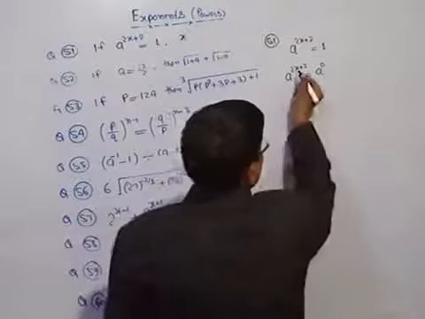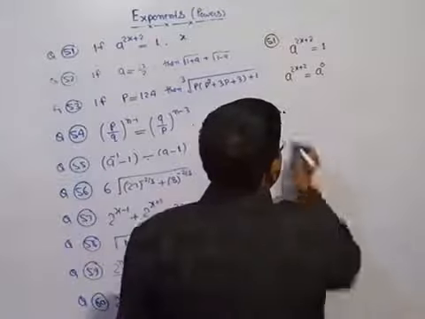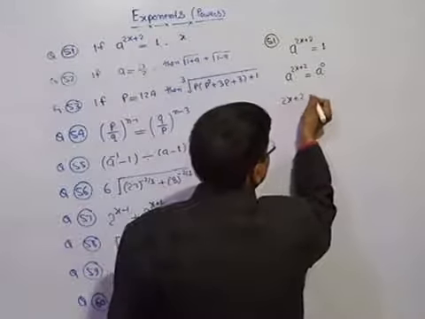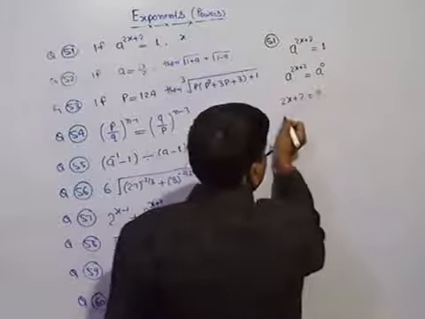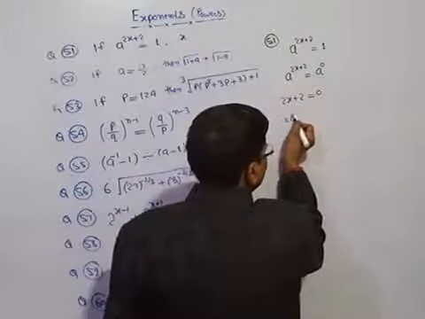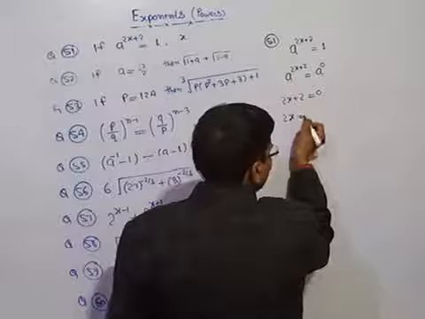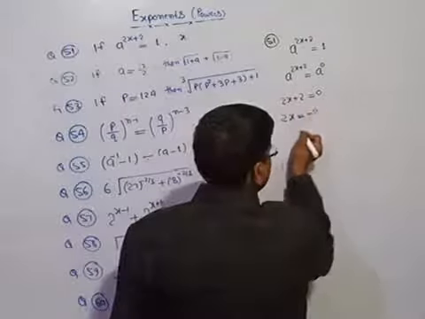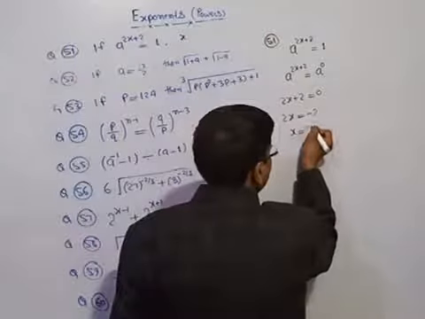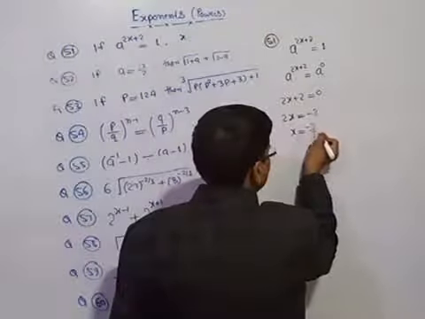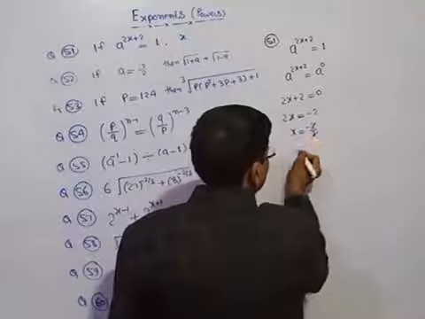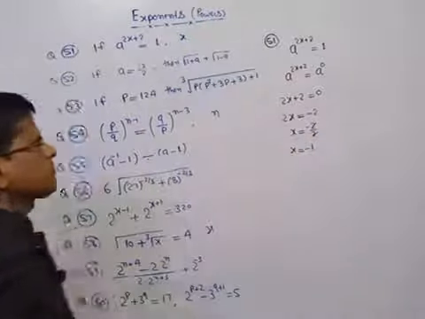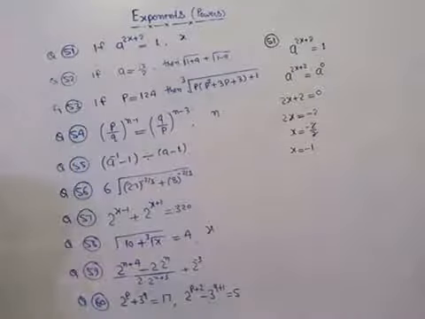Now compare the powers: 2x plus 2 equal 0. Transferring 2 to the right side, 2x equal minus 2, then x equal minus 2 upon 2, so the value of x equal minus 1. This is clear. Value of x equal minus 1.